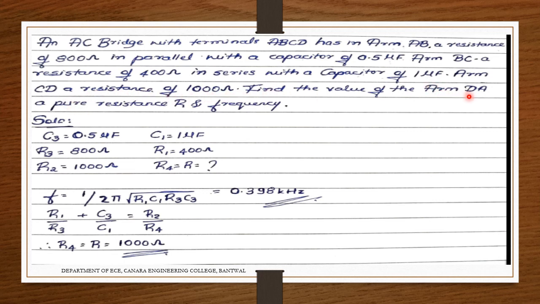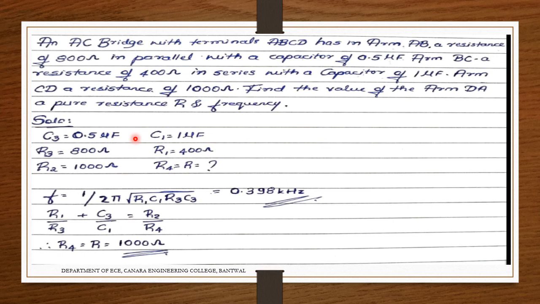Find the value of arm DA, a pure resistance R, and the frequency. Okay, so we can do it directly here with some formulas. This is from the Wien bridge.